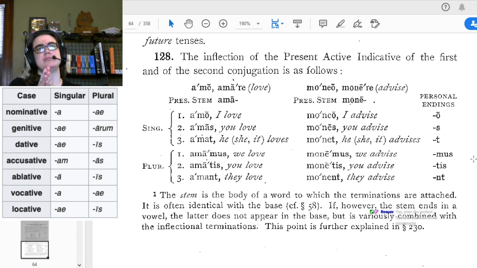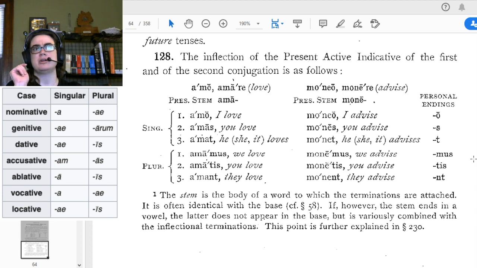This is not super important, again, unless you're going to be composing poetry in Latin yourself. But you will notice the present stem ama and the present stem mone have that long vowel at the end. That vowel remains long, except in front of the T and the NT. So the A and the E are long in the second person singular, the first person plural, and the second person plural.